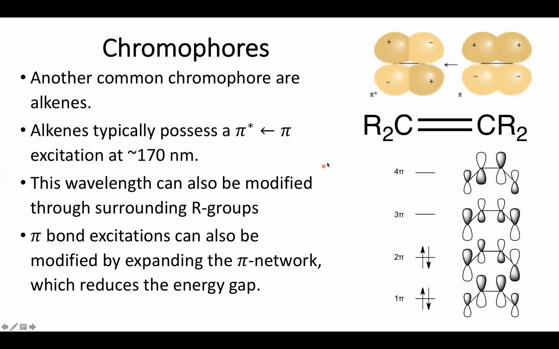So conjugation is one of the classic ways to modify a chromophore, and this is pretty much by making the chromophore bigger. Typically what ends up happening is I extend a conjugated pi system, I add in an extra set of orbitals, which lowers the gap.